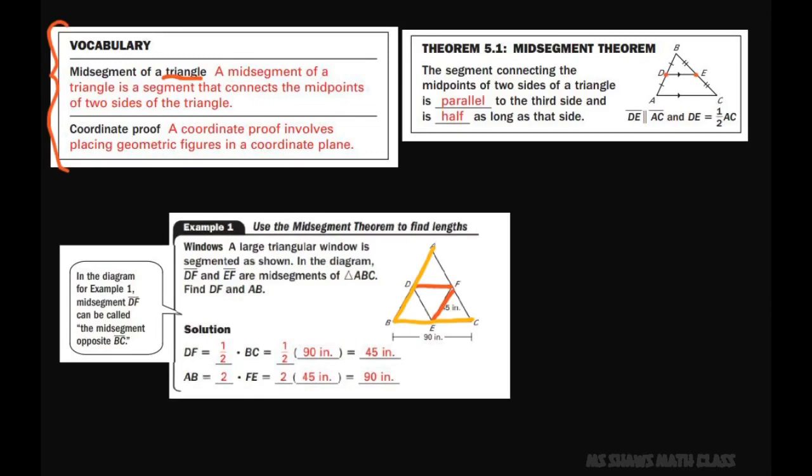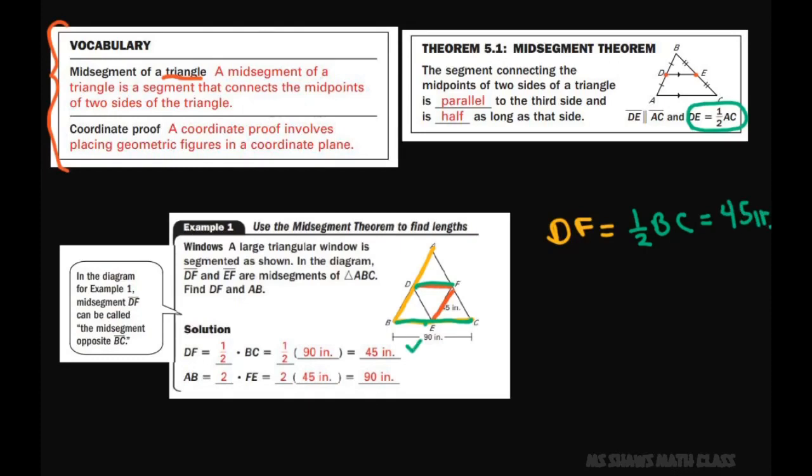So DF equals 1/2 of BC. So DF, and I'll do this in green, is 1/2 of BC. So that's this formula right here. We know it's 90, and 1/2 of 90 inches is going to be 45 inches.